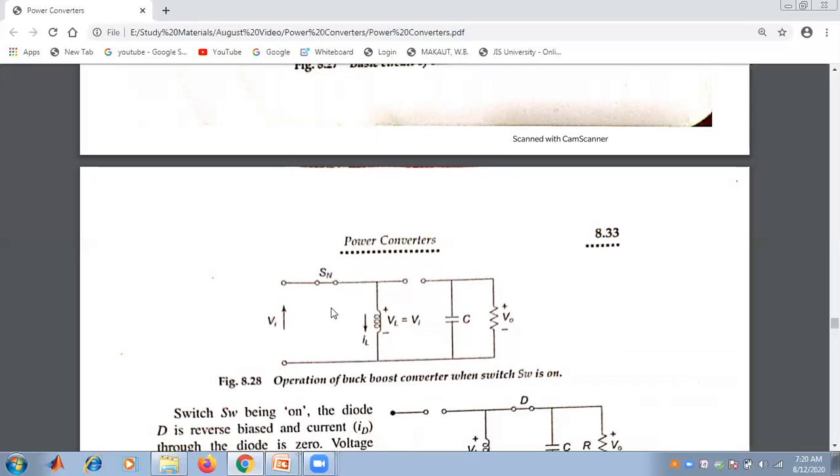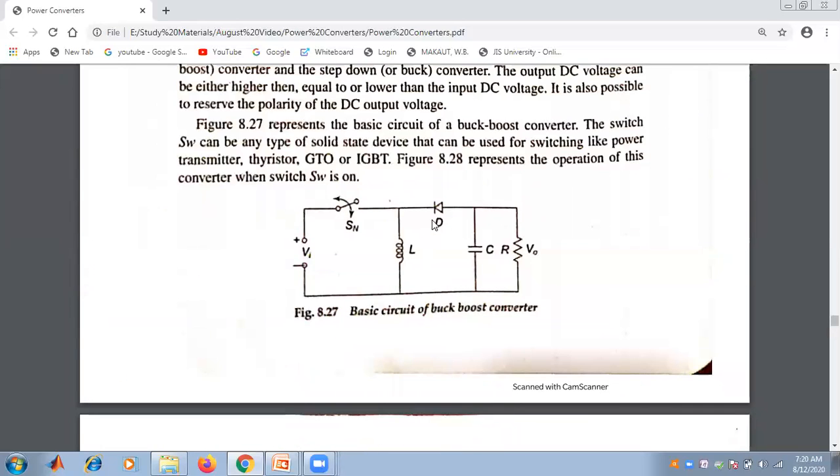When the switch is closed, the diode D is reverse biased, which means the current through the diode is zero.